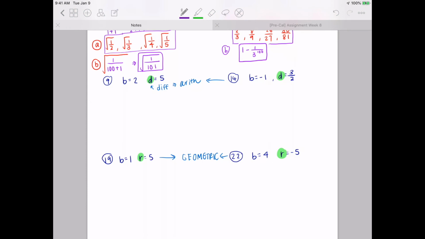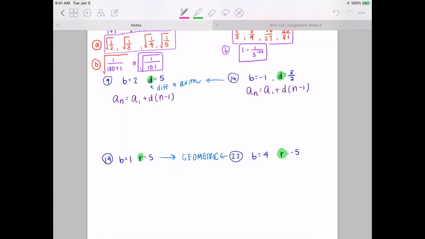So let's write down our formula first. Our formula for number 9 is a sub n equals a sub 1 plus d times n minus 1. Same thing. This just helps us to substitute in the answer.